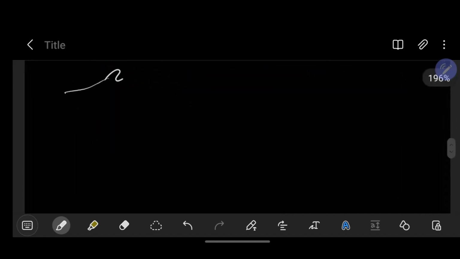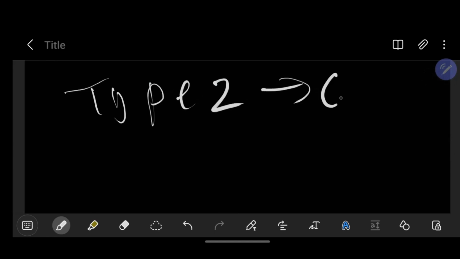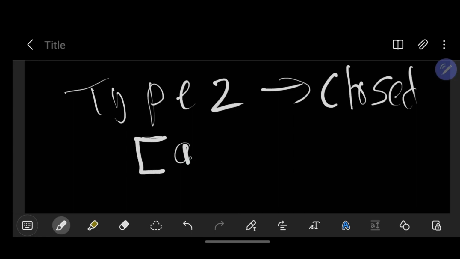So let's get into the next type, which is type 2. Type 2, as you may have guessed, is the opposite of open, which is closed. And the way we represent closed is with square brackets. So A comma B, square brackets.